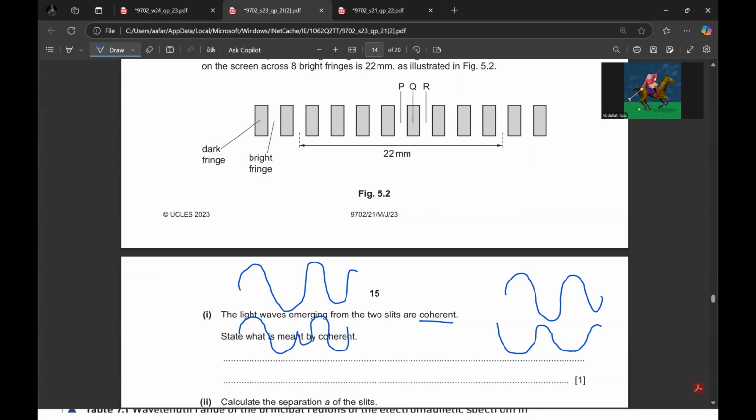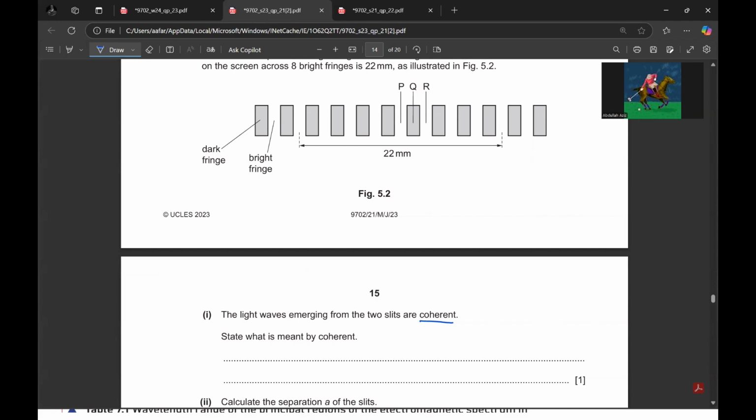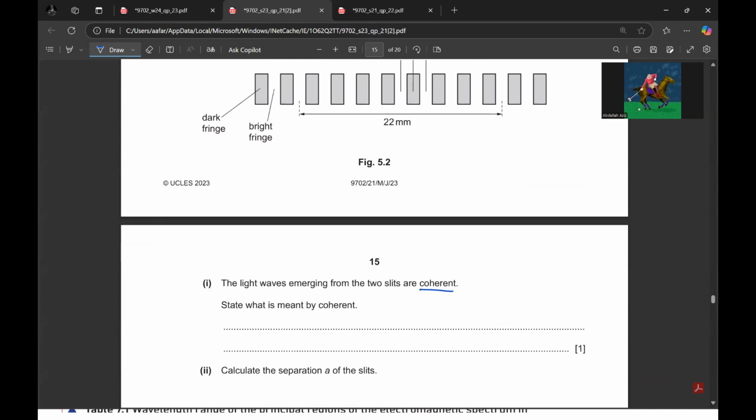And this actually happens in, like, headlights of cars and so on. So in coherent, we say that there is a constant phase difference between the waves. We also say in respect to time.